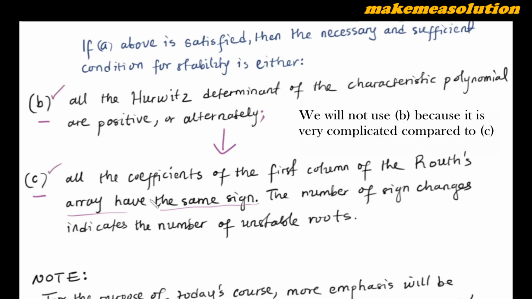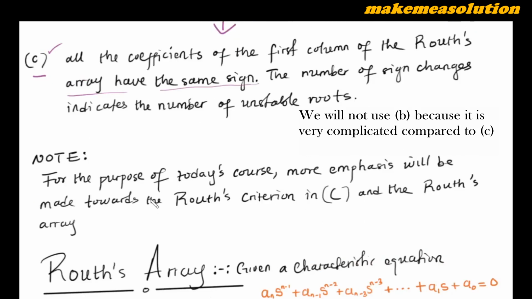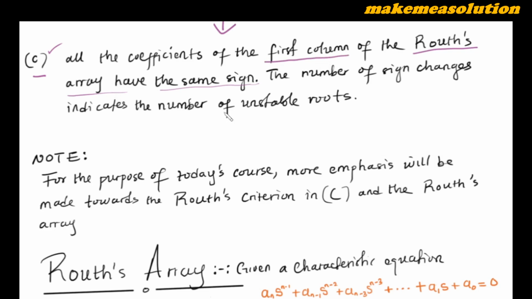For the purpose of today's lesson, we are going to use option C, because we want to throw more emphasis on the Routh criterion, that is, the Routh array. Option C tells us that all the coefficients in the first column of the Routh array should have the same sign. I'm going to show you what this means. The number of sign changes indicates the number of unstable roots.